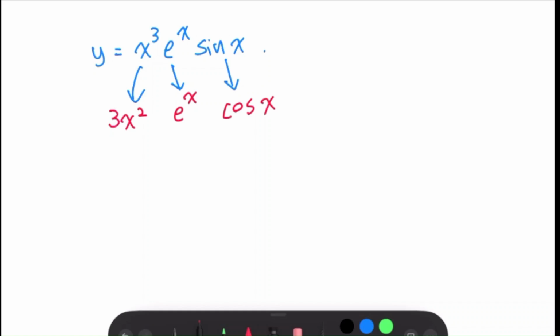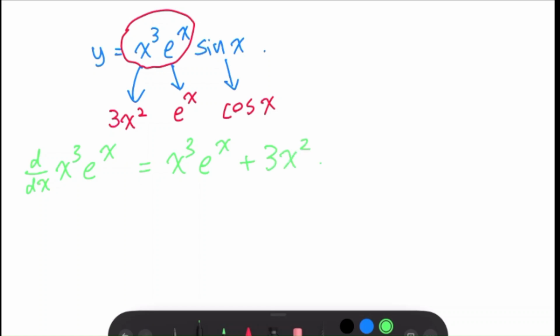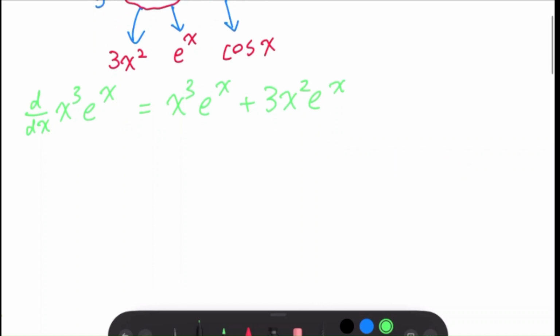So, as Max said, you can first do x cubed ex as one function. So we can first find d dx of x cubed ex, which would be equal to x cubed ex plus 3x squared ex. And then we can factorize that out to become x squared ex (3 plus x).